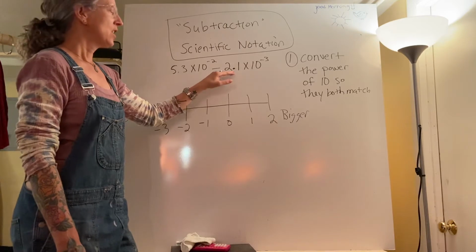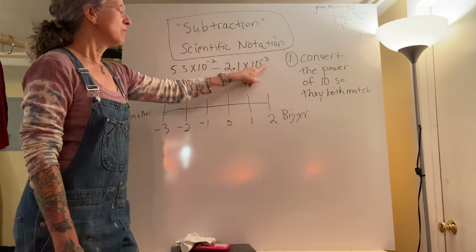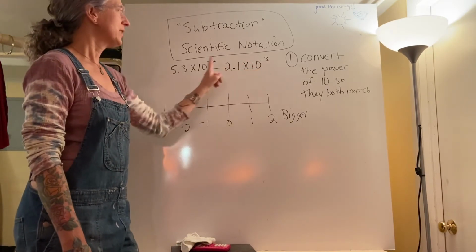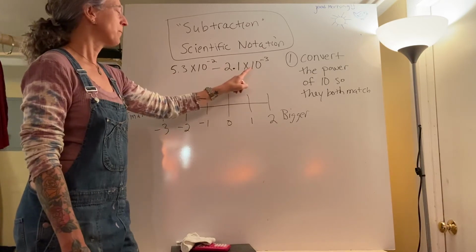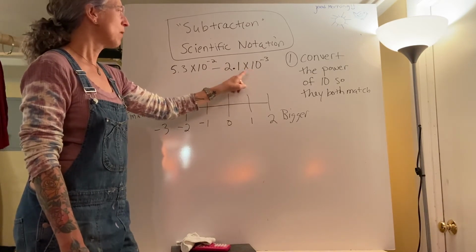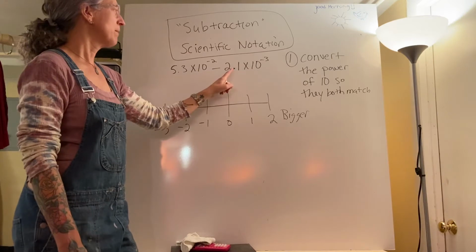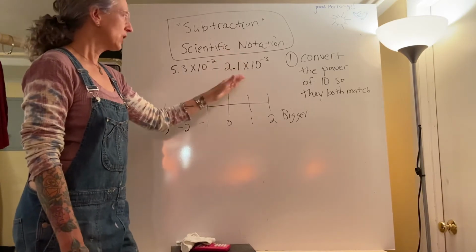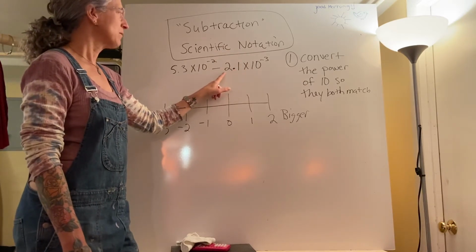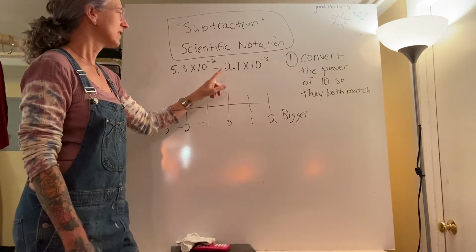Okay, so if we're just moving it 1 power of 10, this is 10 times smaller than this one. So we want to make it bigger. So we have to move the decimal 1 place to the left.